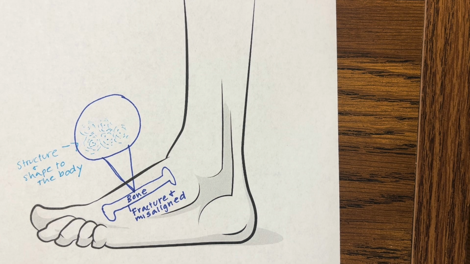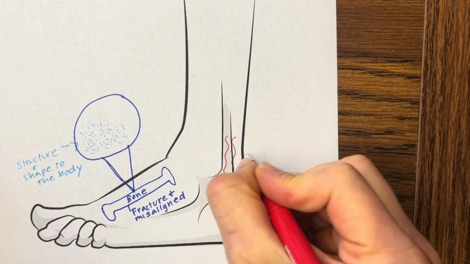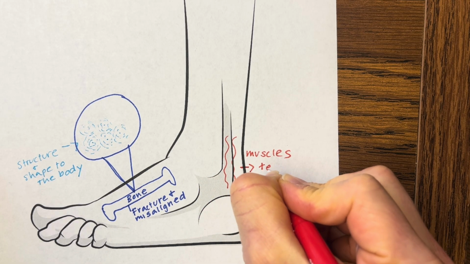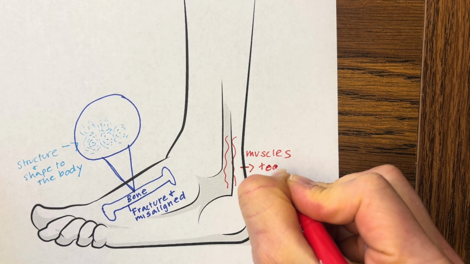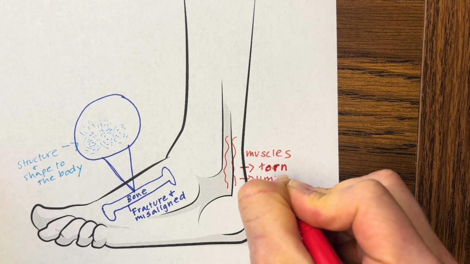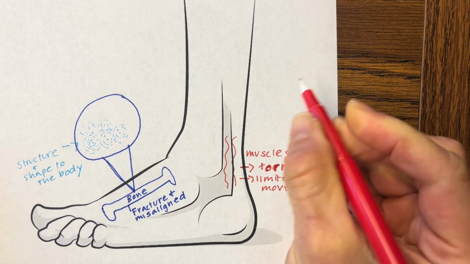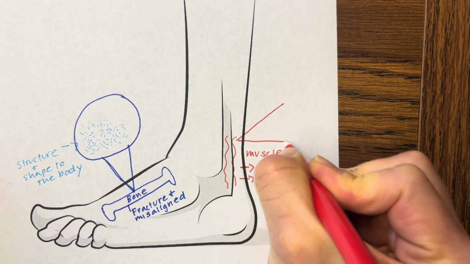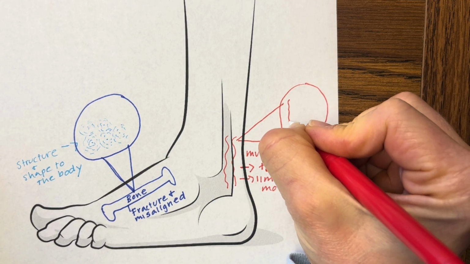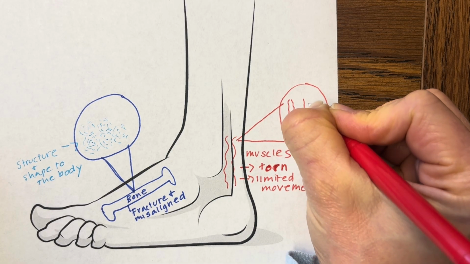Another part of the body that we knew was injured were the muscles. So muscles, there was probably a tear, but the muscles were torn, and we had limited movement. So to do a zoom in, we know that muscle cells are kind of long and stringy with space between them.